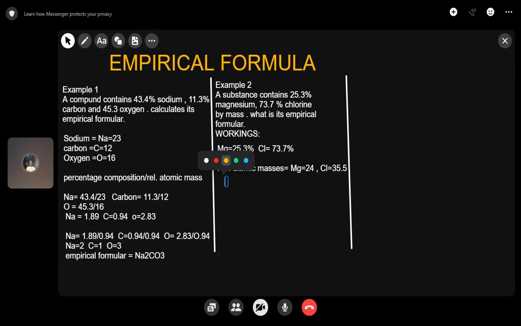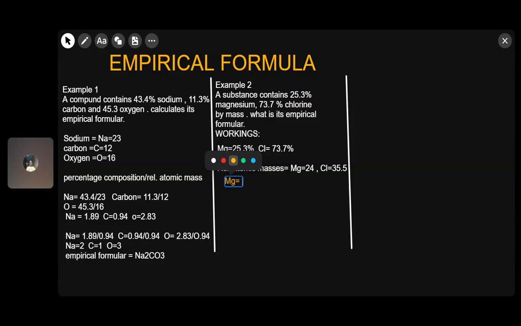Now for magnesium, the percentage composition is 25.3 all over the relative atomic mass, which is 24.